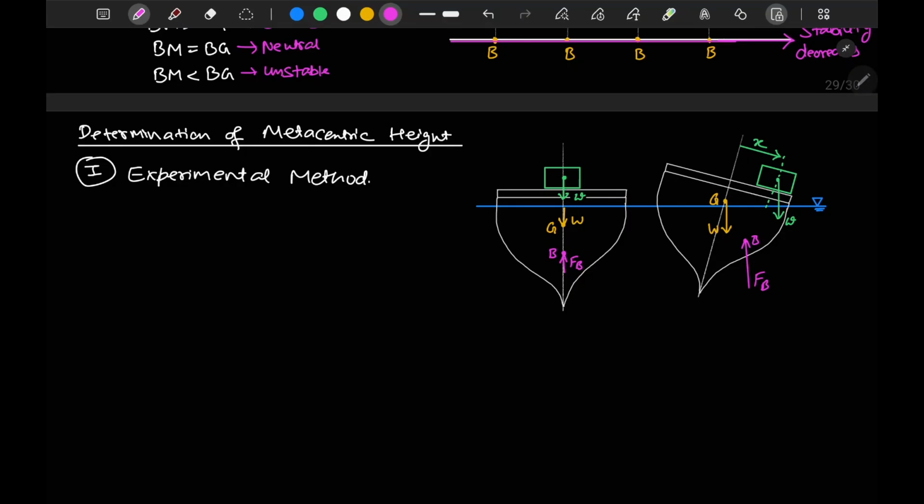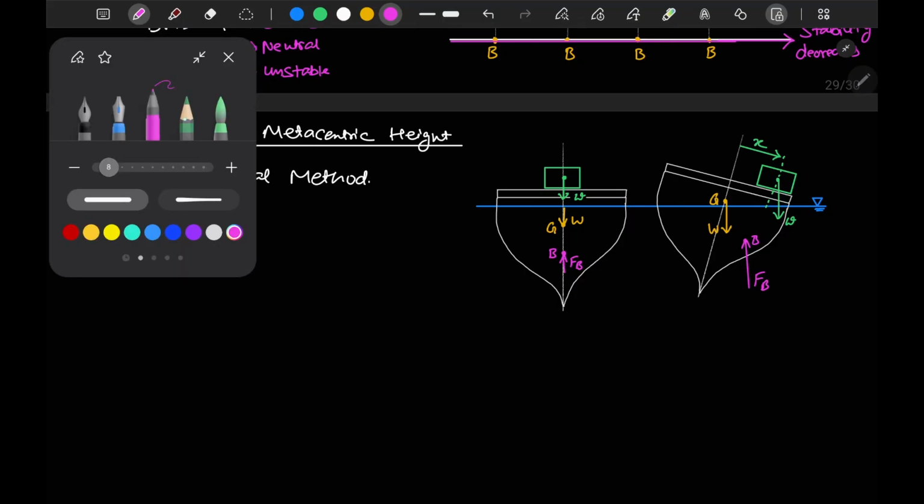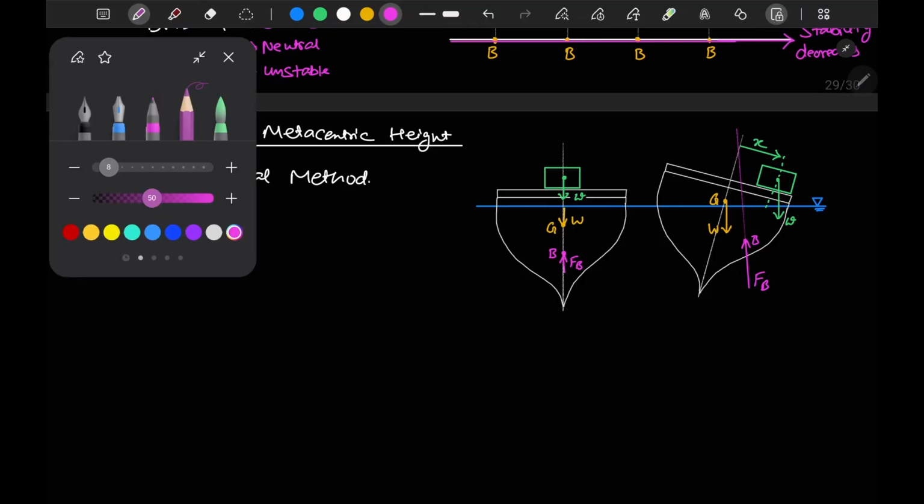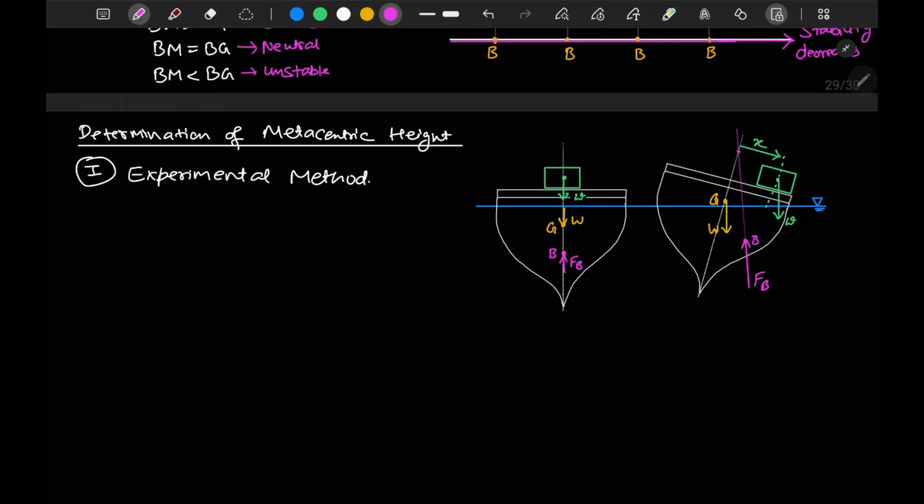This is your buoyant force, and if we extend the line here, it meets at this point, and this point will be your metacenter, that is your M. Let's say this angle is theta.